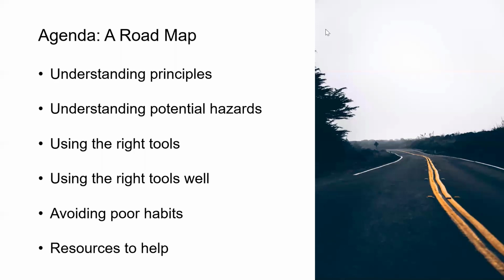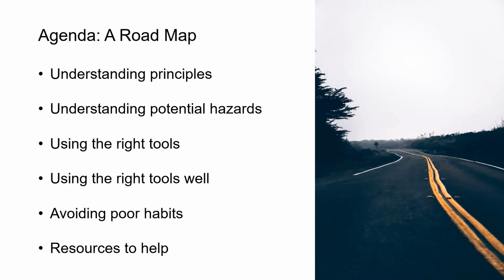For this webinar, we're going to look at a roadmap for building your comprehensive and unbiased literature review. This will entail understanding principles, but also looking at potential hazards and the way that you can use the right tools, and how those right tools will help and why they'll help you do this well. And then also how not only to use the right tools, but how to use them effectively.